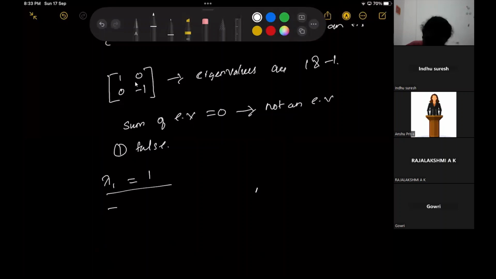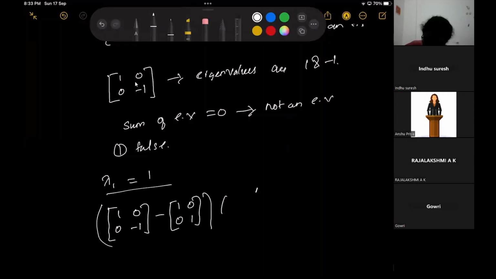So what we will get is 1, 0, 0, minus 1, minus lambda I, that is 1, 0, 0, 1, into x1, x2. So we are just finding the eigenvector here.